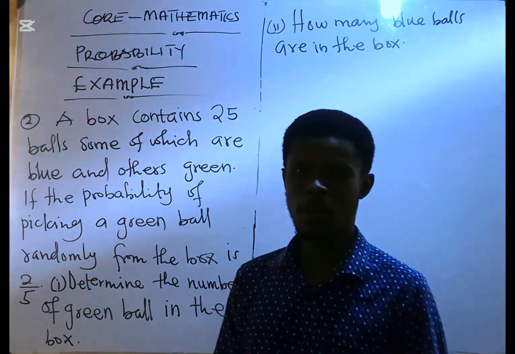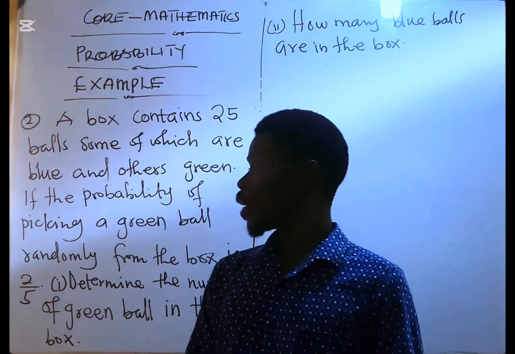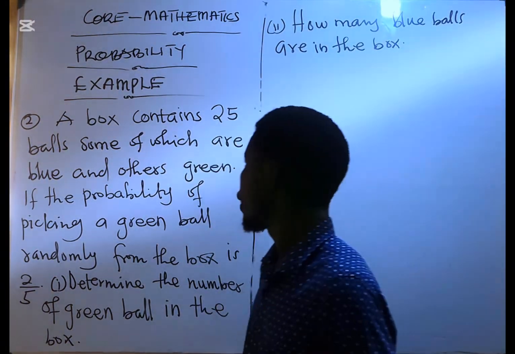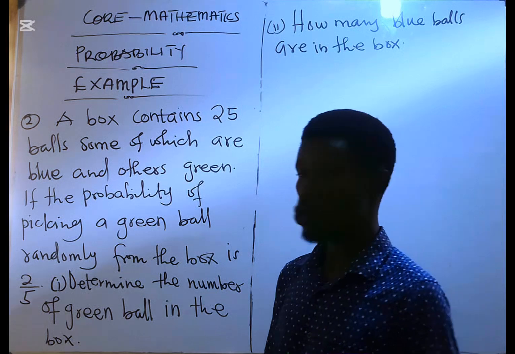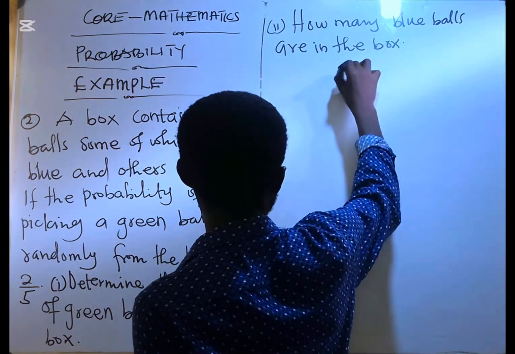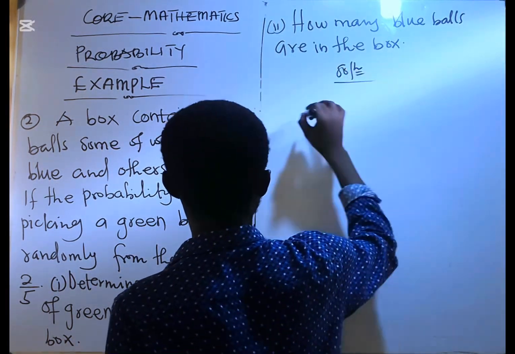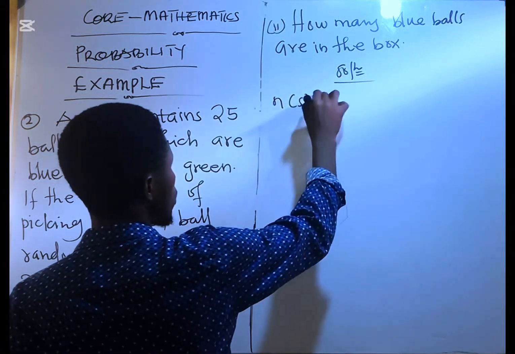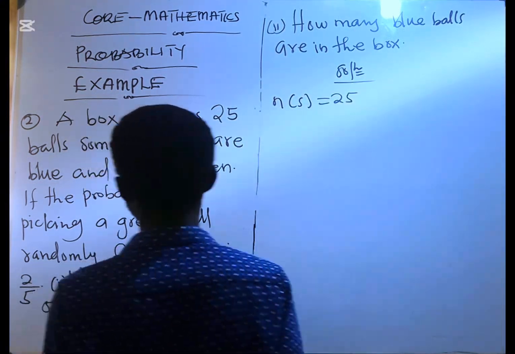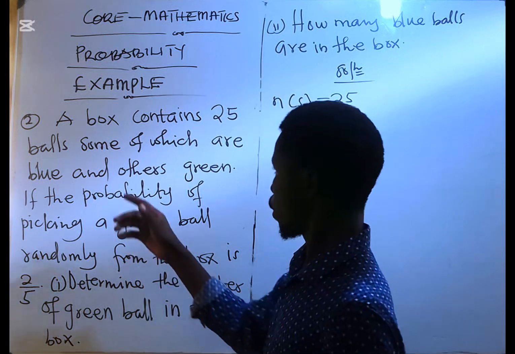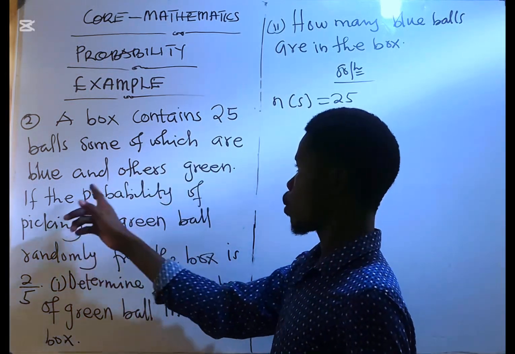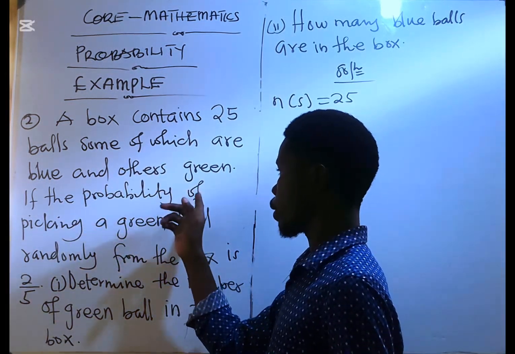Okay, now let's look at the second example. Example number 2. A box contains 25 balls. I'll be taking the data whilst reading. So our sample space is 25. Some of which are blue and others are green.